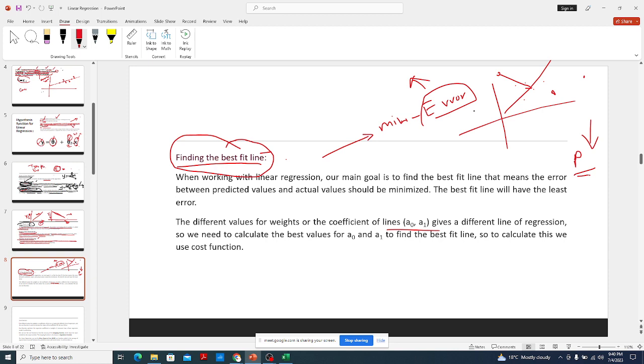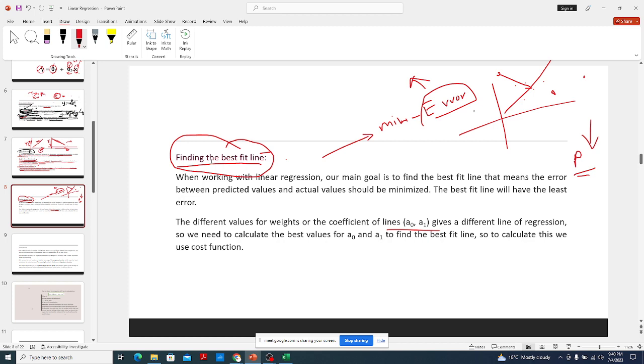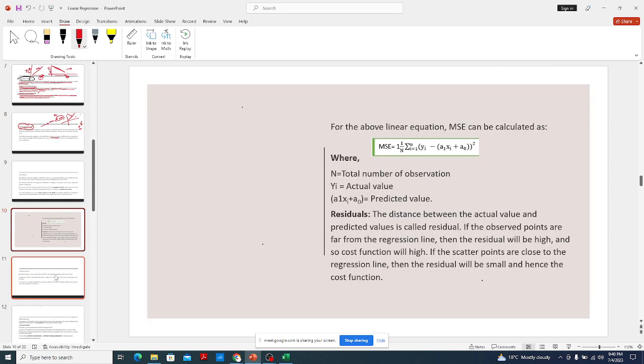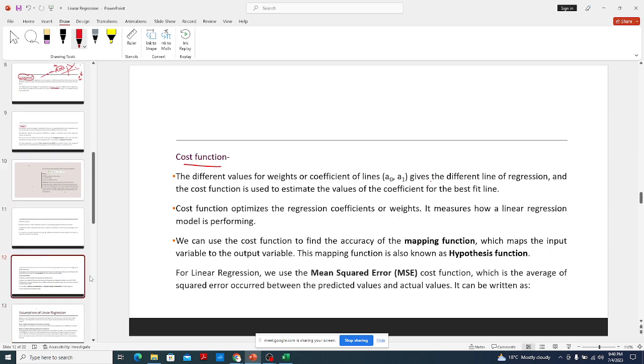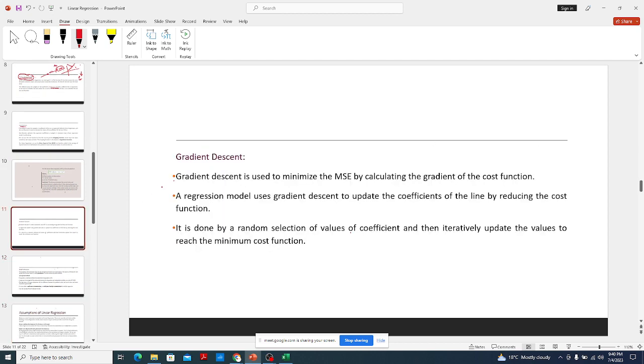Now let's go to finding the line of best fit. In finding the line of best fit, we usually use either the cost function method or the gradient descent method.